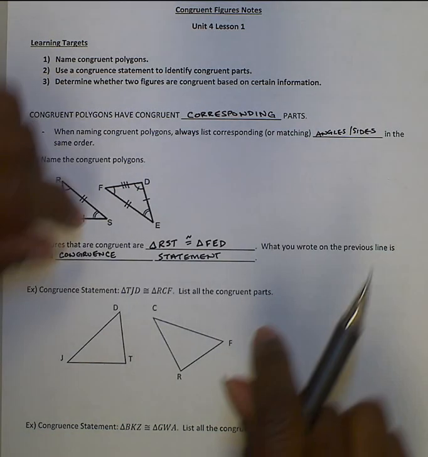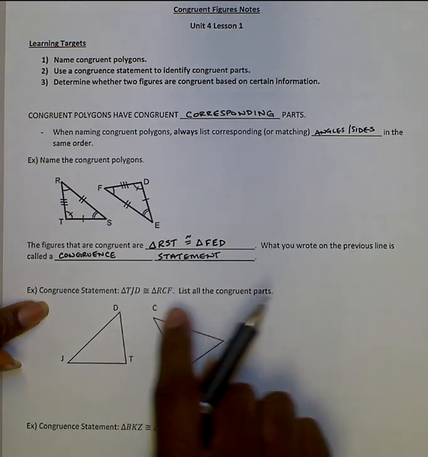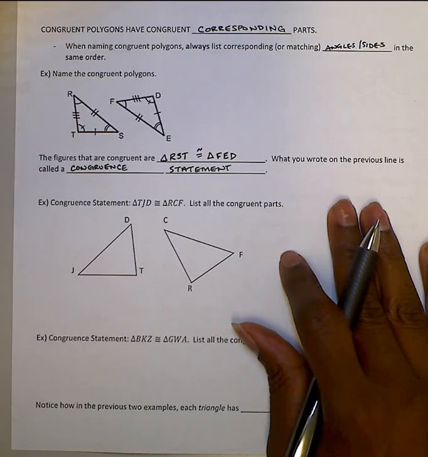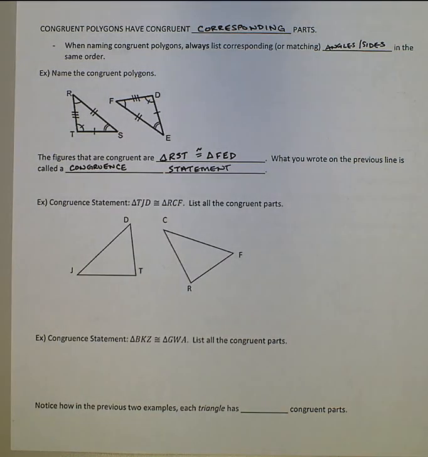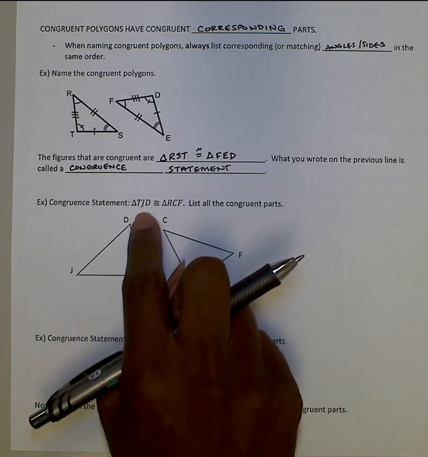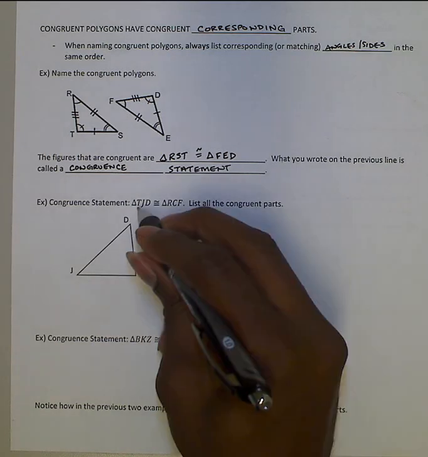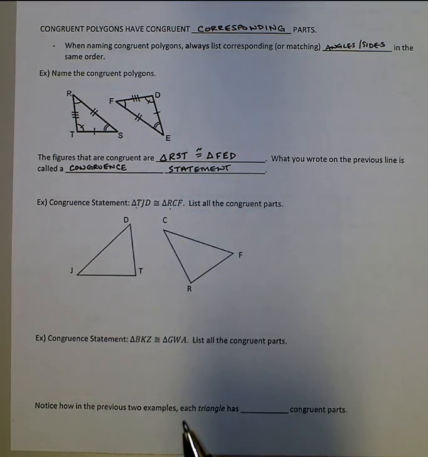But here's another example. We have triangle TJD is congruent to triangle RCF. We're going to list all the corresponding parts. Remember that our rule for congruent statements is that we have to list the congruent angles and sides in the same order. So I know that T and R are congruent just by how they're listed.